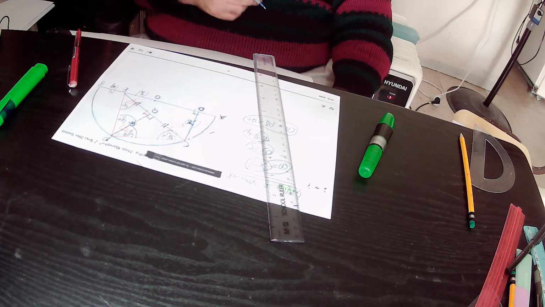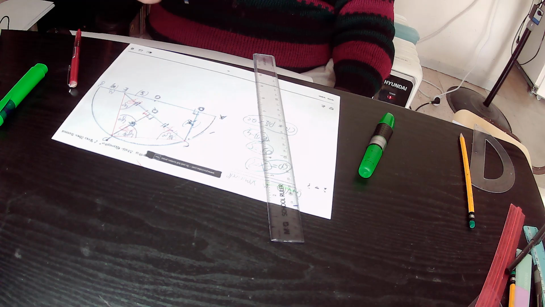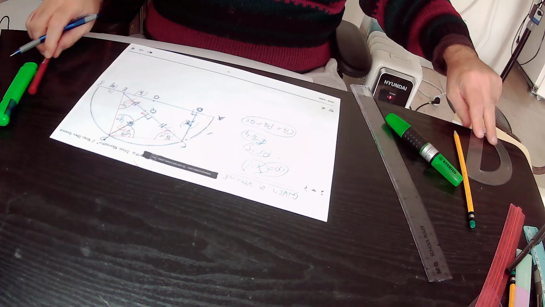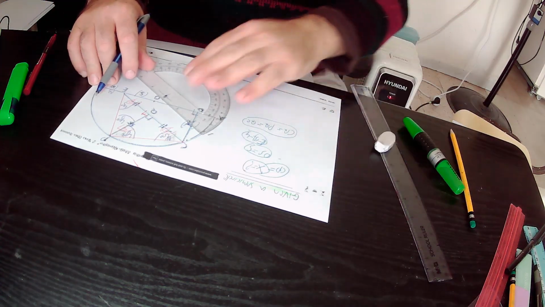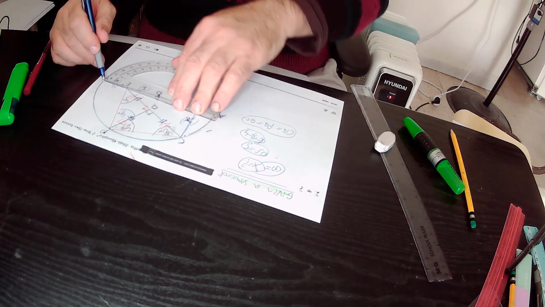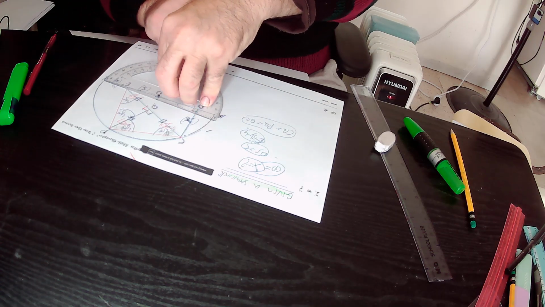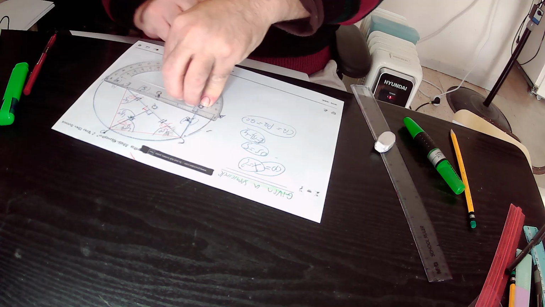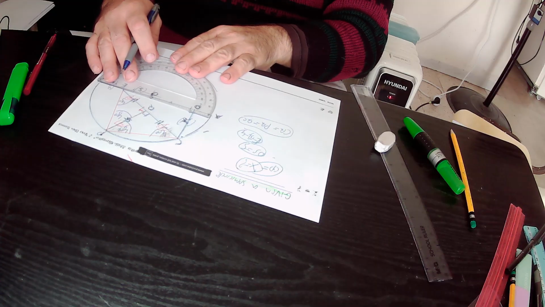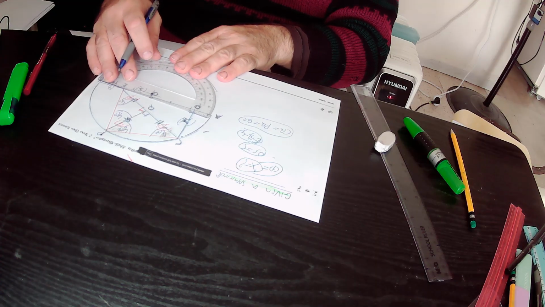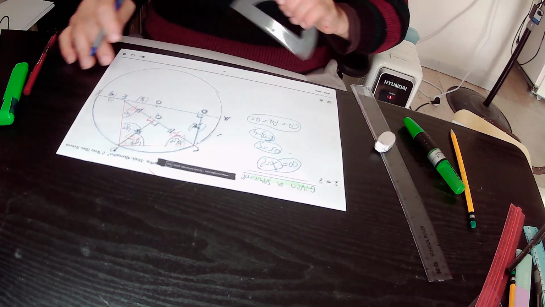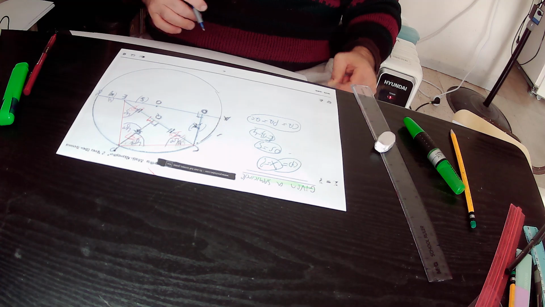In the next step, we will do a construction, that is to say, we will complete this semicircle to a circle. So we completed the semicircle to a circle.